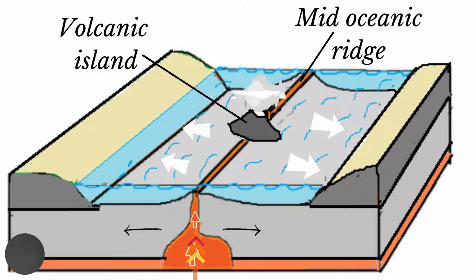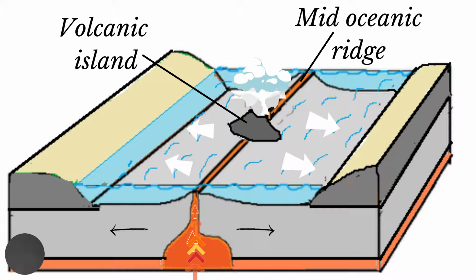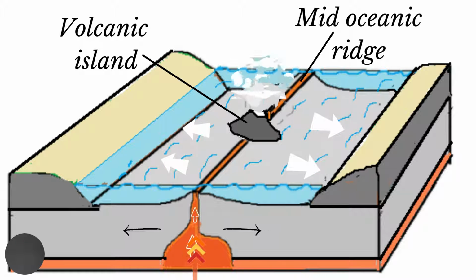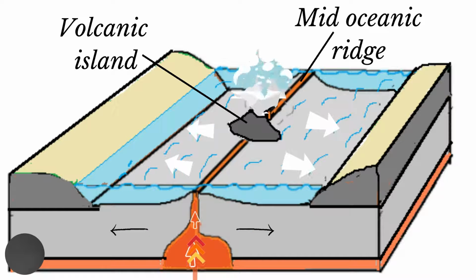Now, because the ridge does not have the same height throughout, at certain points, the ridge may be high enough to rise above the level of the sea. This will create a volcanic island. An example of this is Iceland.